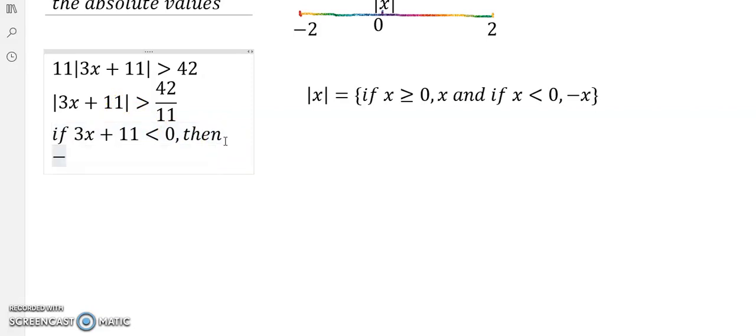We get negative of 3x plus 11, and don't forget that the sign here is greater. Then we got greater than 42 divided by 11.